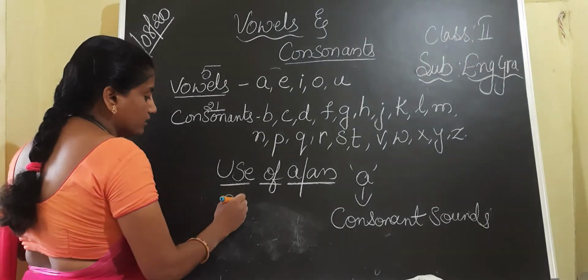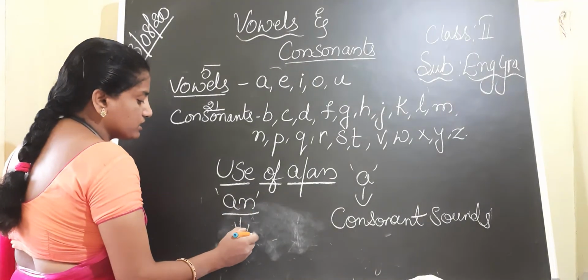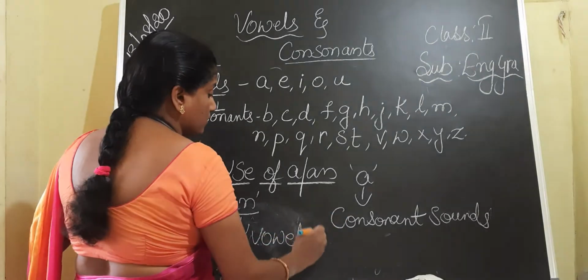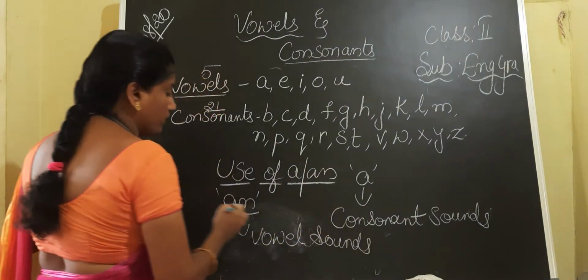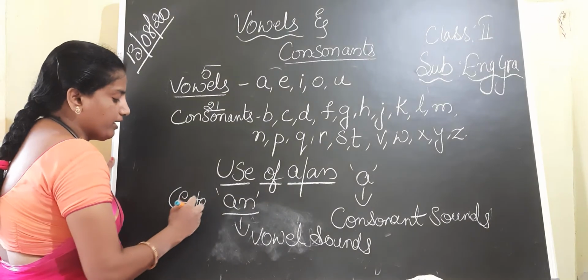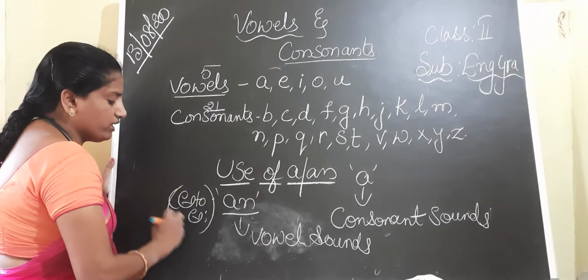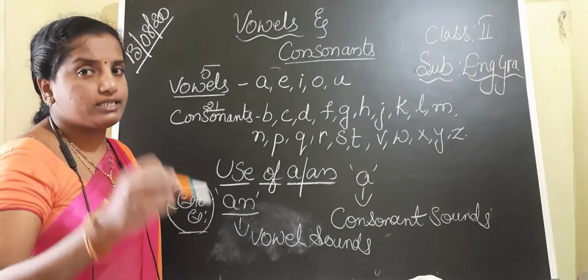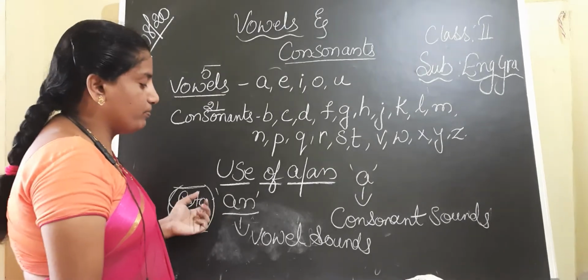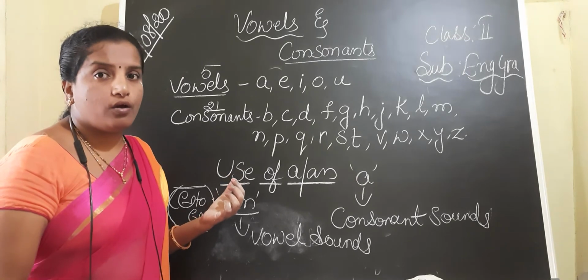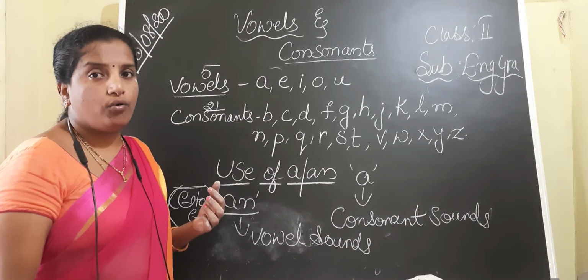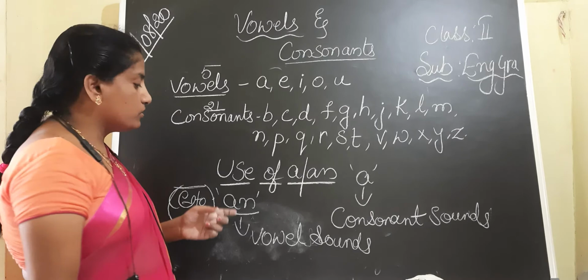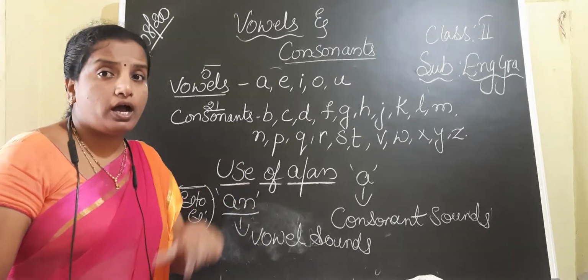And before vowel sounds, we will use AN. If you know the Telugu Varnamala sounds from a to aha, then those are the vowel sounds. See, the two lips didn't touch.